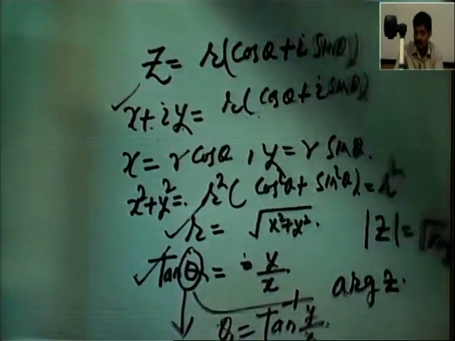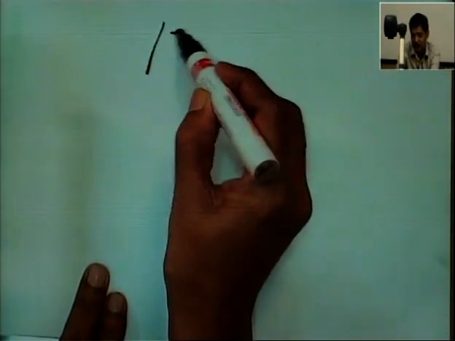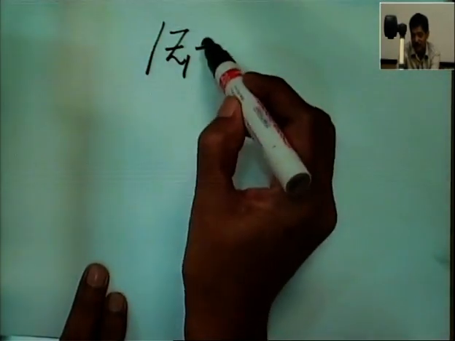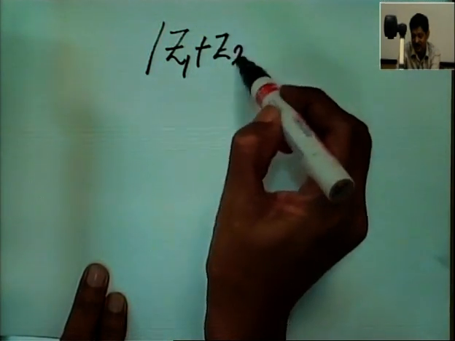Then one more thing, that is the properties. What are the properties of this modulus and argument? Well, I do not have enough time, but one important property I would like to state: mod of z1 plus z2.